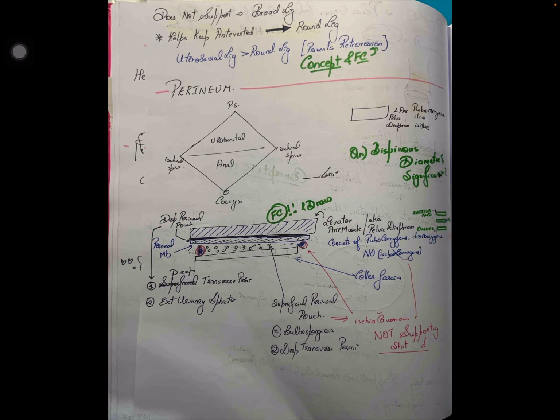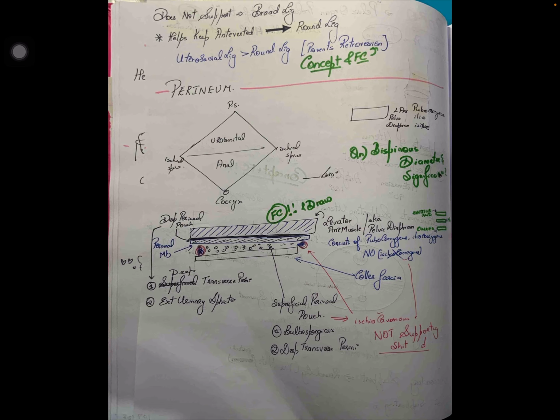So again, from top to bottom, we have the levator ani muscle, 2 in number, counted. Then we have the perineal membrane, and then we have the deep perineal pouch. No, we have the deep perineal pouch, and then we have the perineal membrane. So the deep perineal pouch again has the external urethral sphincter, and then the deep transverse perineum muscle, again paired, so 4 over.